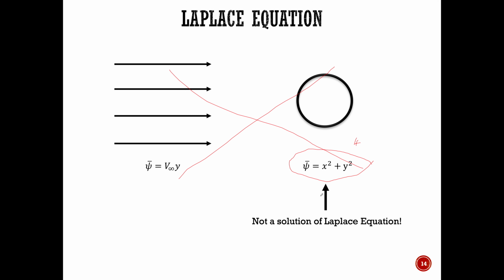Let's make up some mathematical flows which we know obey Laplace equation, and if we add them up, maybe we can get something similar to a cylinder, an airfoil, a bullet, or any shape that you want.